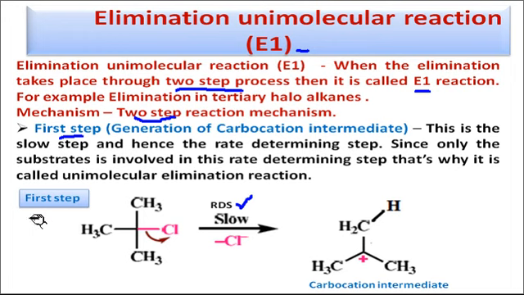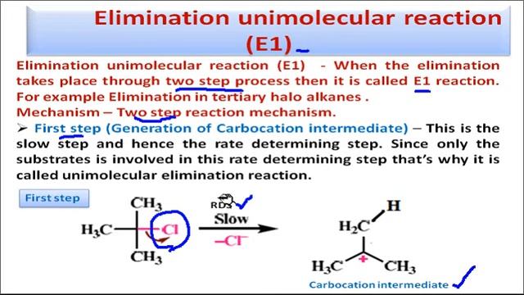In the first step, the leaving group from one carbon atom departs from the parent molecule or the substrate molecule, resulting in the formation of the carbocation intermediate. So the first step is the generation of the carbocation intermediate.